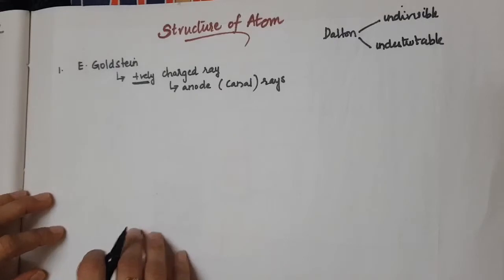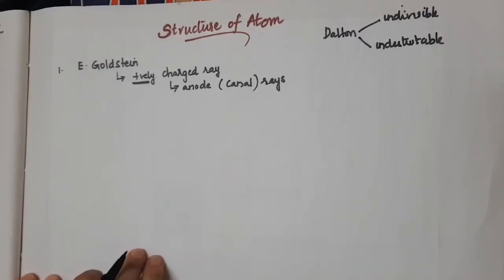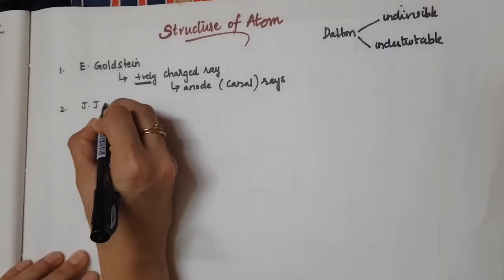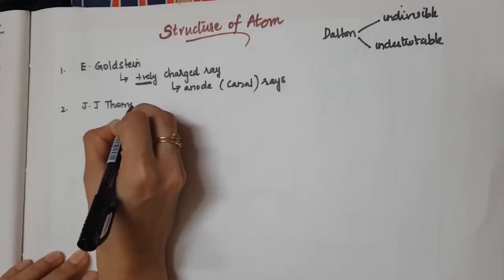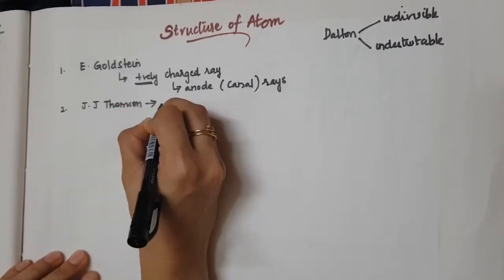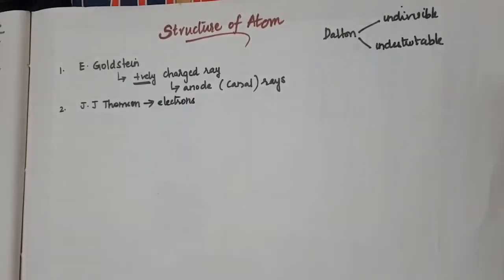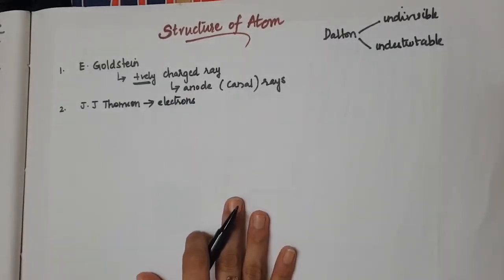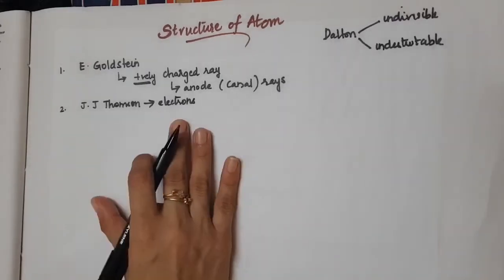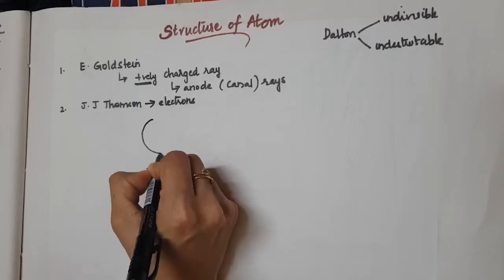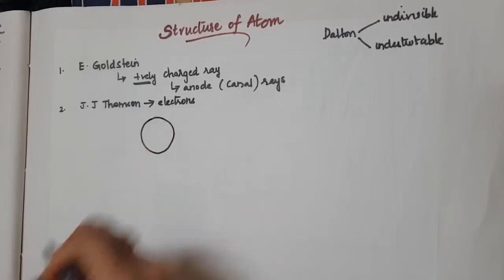Later on in the 1900s, J.J. Thomson came up with an experiment and proposed a model for the structure of atom. It was J.J. Thomson who found the presence of electrons. His model was that we imagine the atom as a cut watermelon piece, a round watermelon piece.